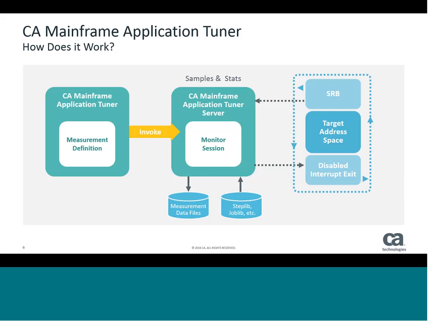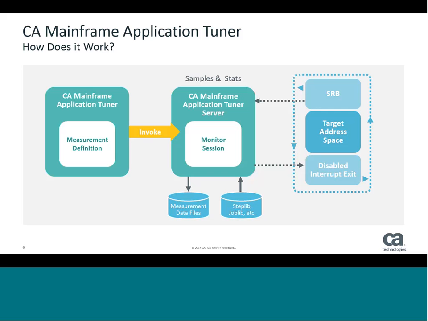It's supplementary to, as Frank said, your real-time performance monitor. So if you're familiar with CA SYSVIEW, that's that real-time performance monitor. Mainframe Application Tuner is going to be used in those circumstances where you need that deeper analysis. So the two tools, as we'll show in future slides here, do work together to provide that whole complete view.